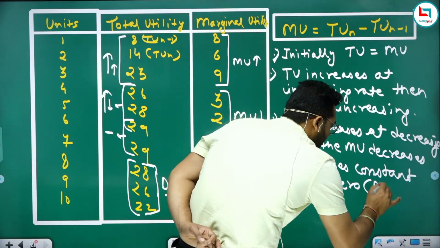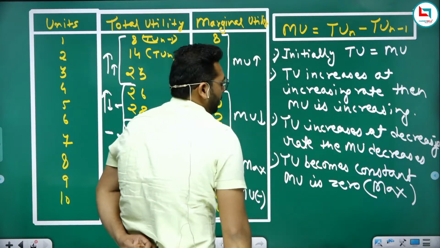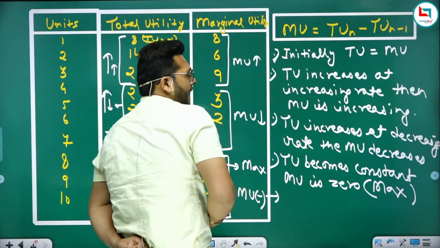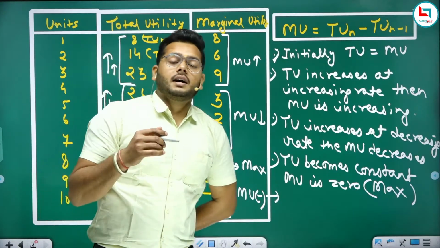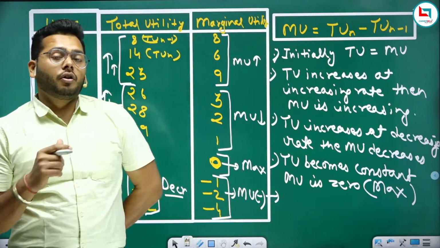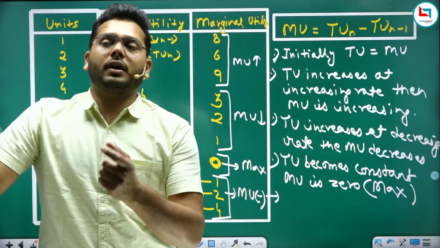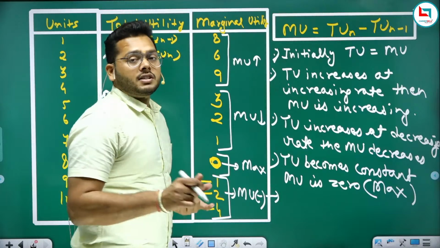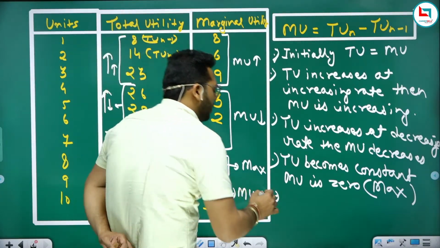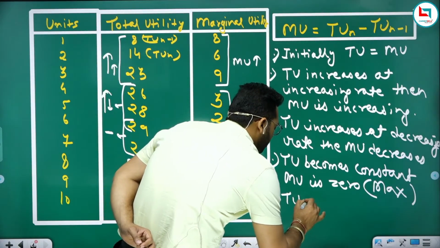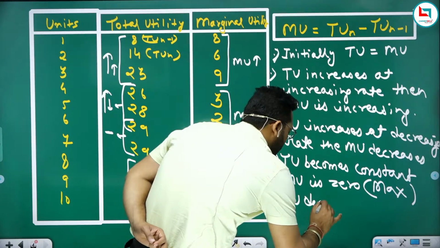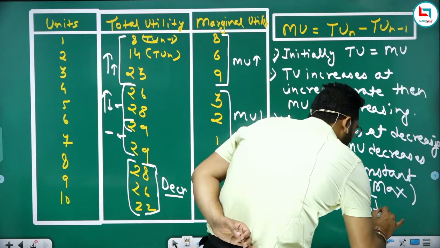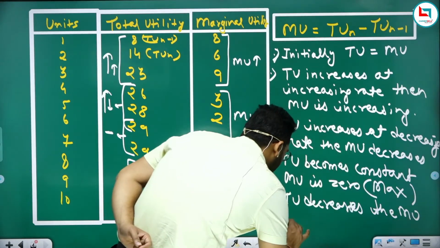It means maximum satisfaction you are deriving, or you can say at point 0 satisfaction is maximum. So if anybody is asking at what point you will get maximum satisfaction, you have to answer at 0 level of MU, or you can say constant level of TU. Now when TU decreases, then MU is negative.